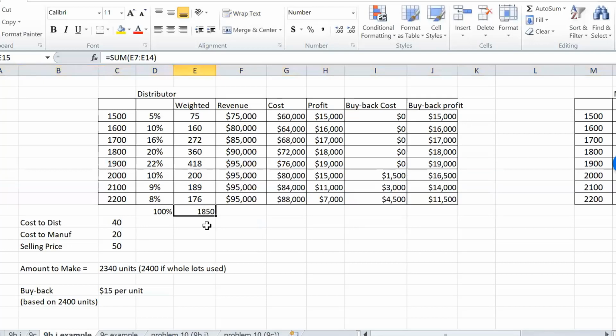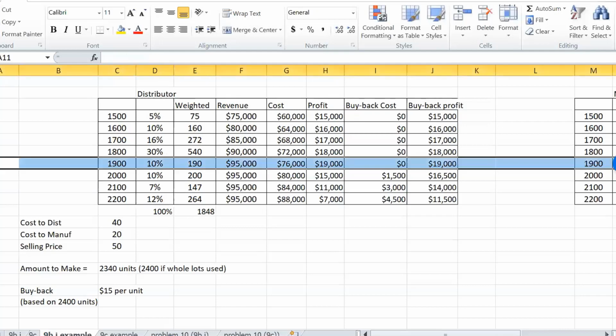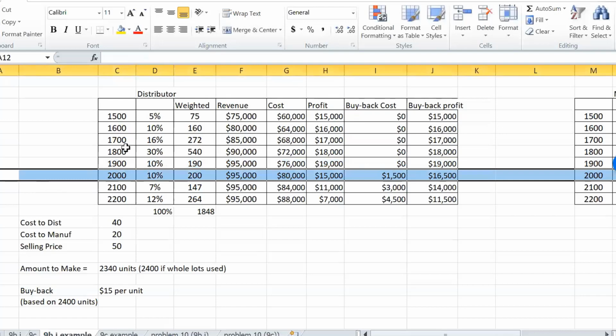But let's say we made this 15, and made this 15, and made this 11, or even made this 30, or let's say 10, and this 7, and whatever, 12, it doesn't really matter. The weights have more of an effect on the profitability than the actual amounts do.